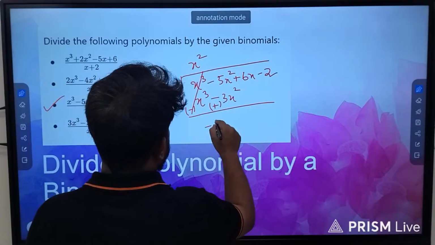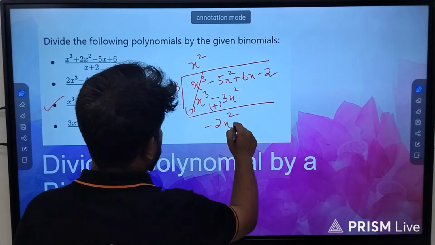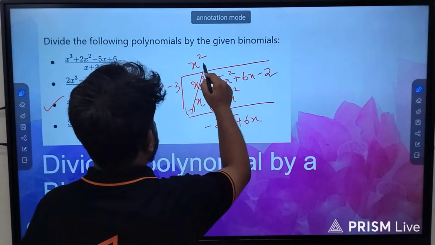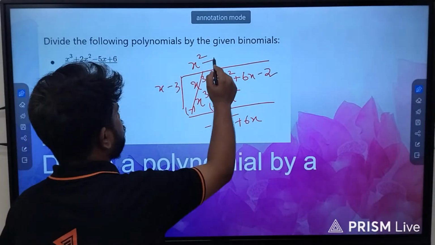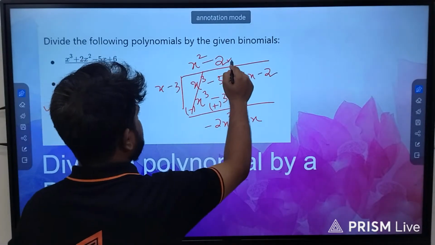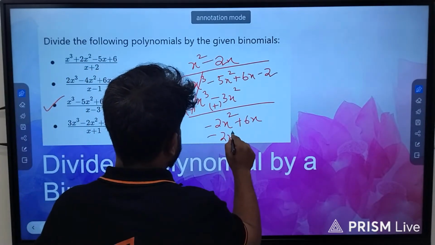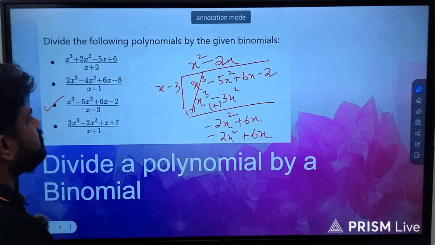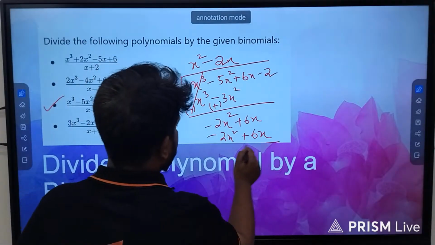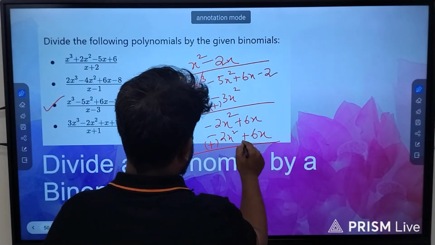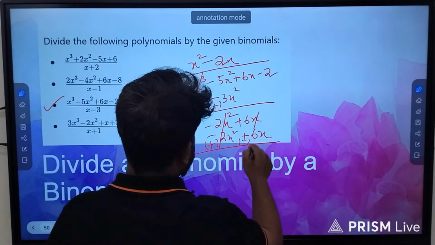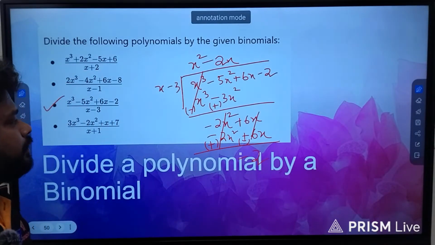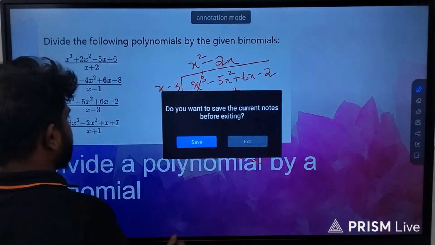It will be minus 2x square plus 6x. Take minus 2x, so it will be minus 2x square plus 6x. After changing the signs, minus 2 will be the remainder. Done.